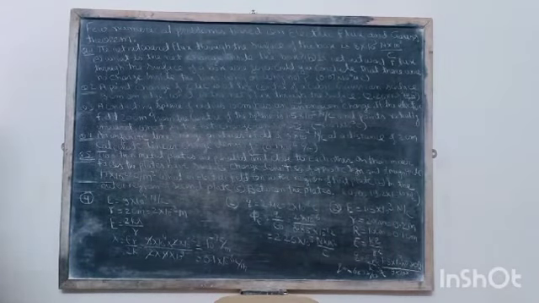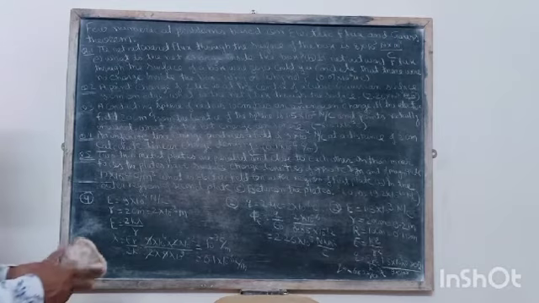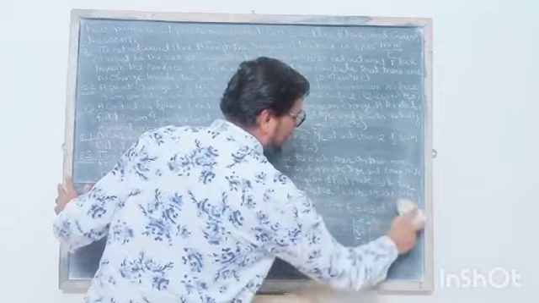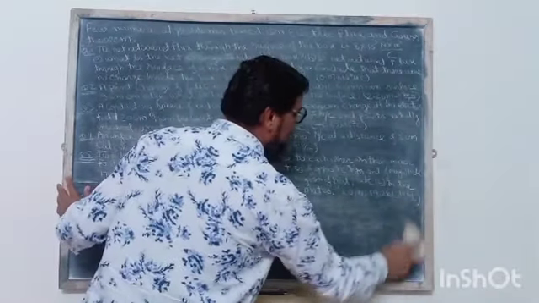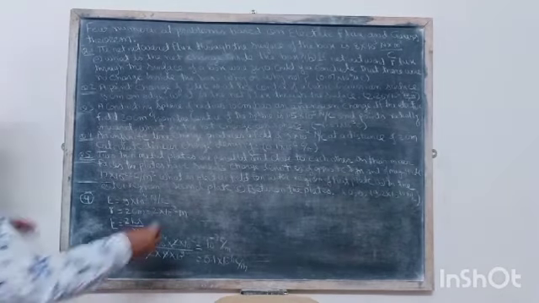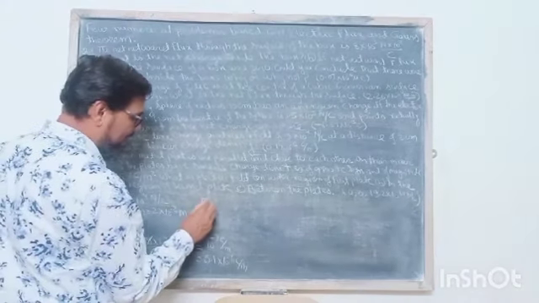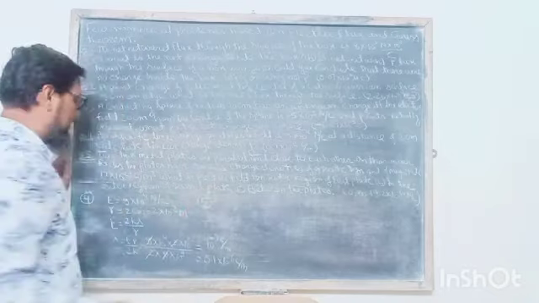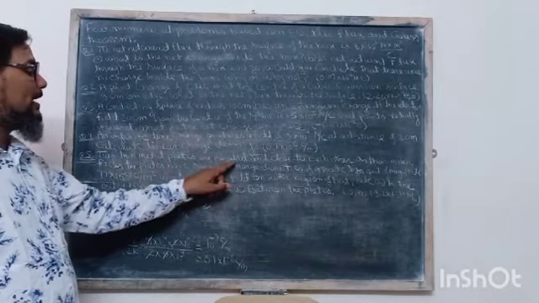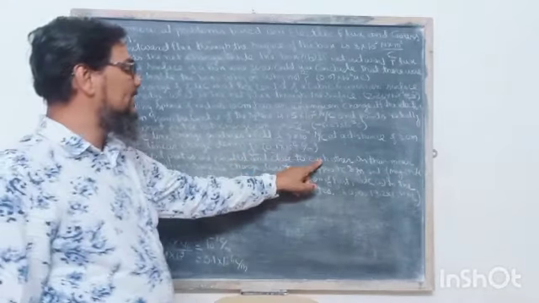Now we shall discuss the last question for today's lecture, and that is nothing but question number 5. Two thin metal plates are parallel and close to each other.